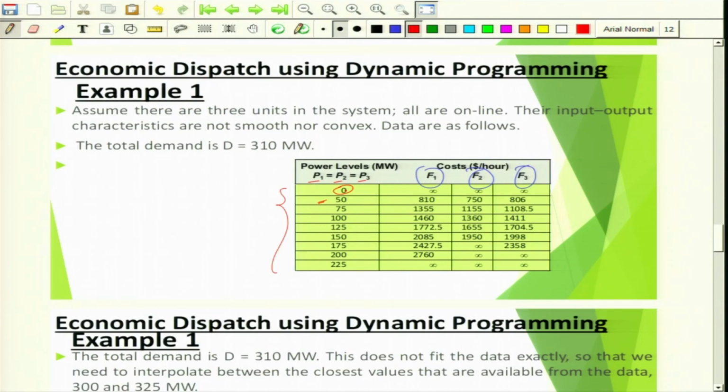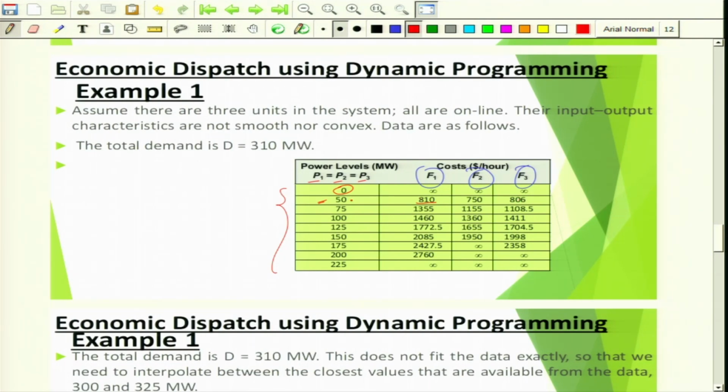So at 50, you see, the fuel cost associated with the first generator is $810 per hour, right? For the second generator you have 750, for the third generator you have 806. That means they have different costs for each generation.